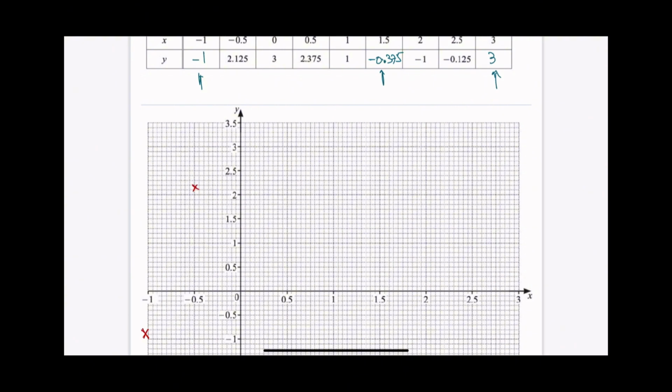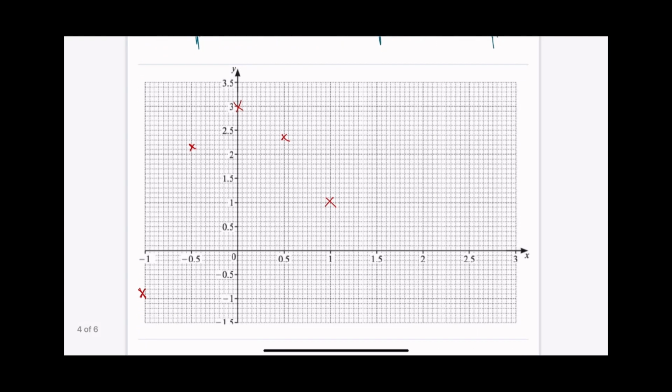In the center. At 0 it is 3, I'll mark this value. At 0.5 it is 2.375, somewhere here. At 1 it's 1. At 1.5 negative 0.375.